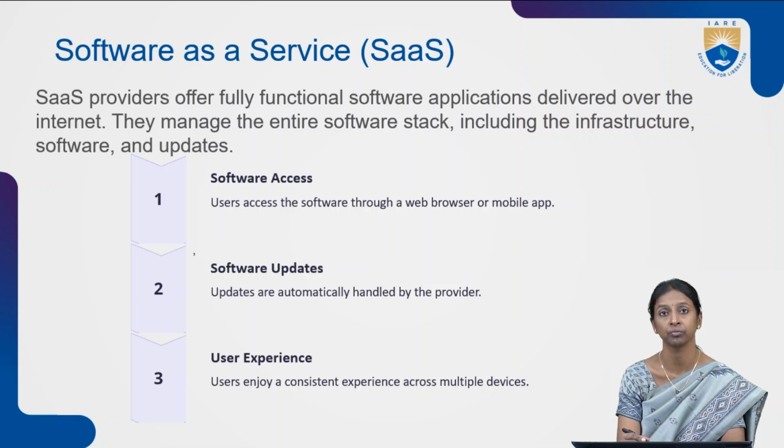So whenever a new version is released, the features will be added. Everything is offered as a service. Different cloud service providers are available in the market nowadays. With this we have software access: users can access the software through web browsers or mobile apps.